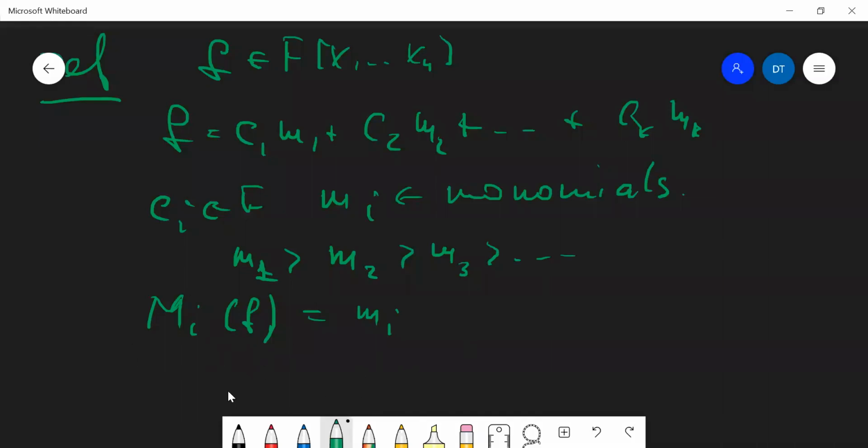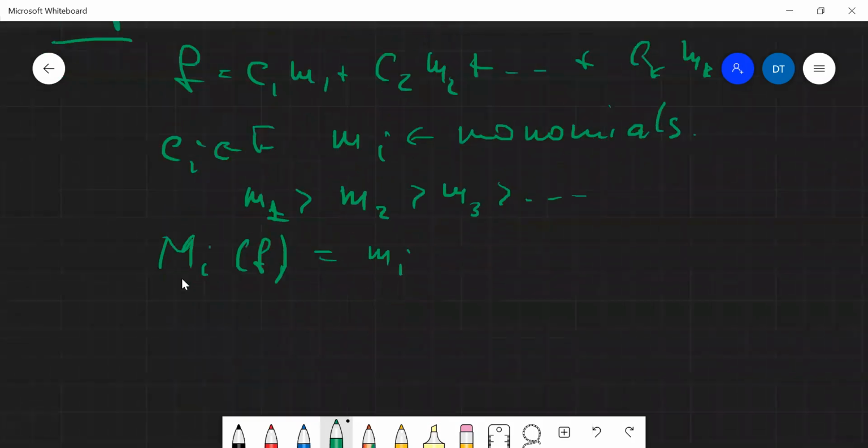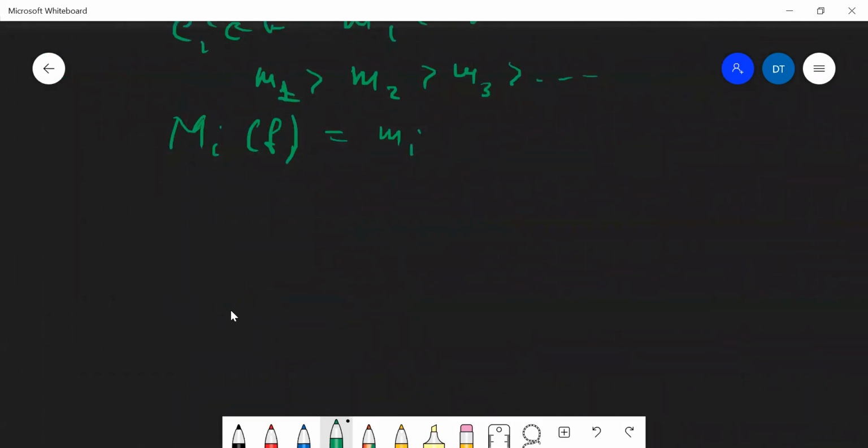But I will use this notation later. So m1 is just the leading monomial of f. Also you can define the ith coefficient. So Ci of f is Ci, and Ti of f is Ci times Mi. So this is the ith coefficient and the ith term.